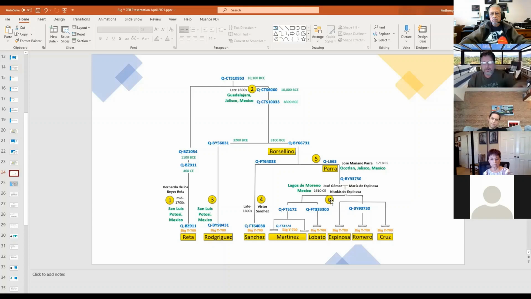I'm going to put a pin in there, and then I'm going to go over to this guy, and he is, our most common ancestors thousands of years ago, not hundreds of years ago. And I'm going to ask Team Sanchez, hey, I want to know in your genealogy, your paternal line, where on the map is your most distant ancestor? And he says, my most distant ancestor was born in the late 1800s. His name is Victor Sanchez, and here's where he was born.